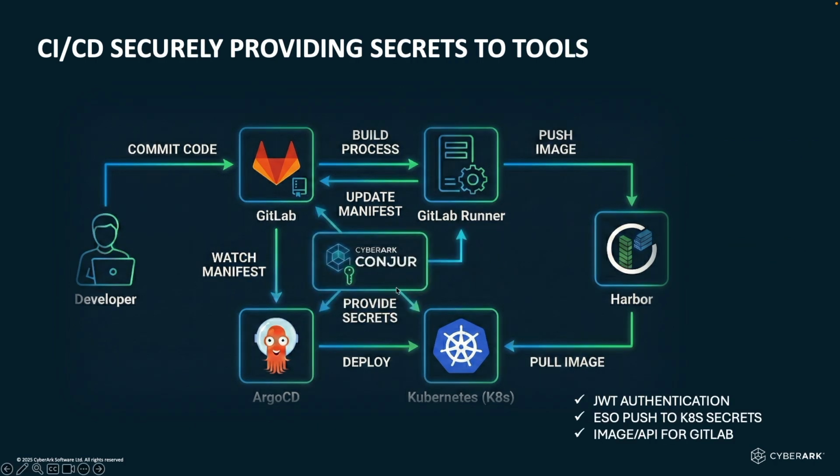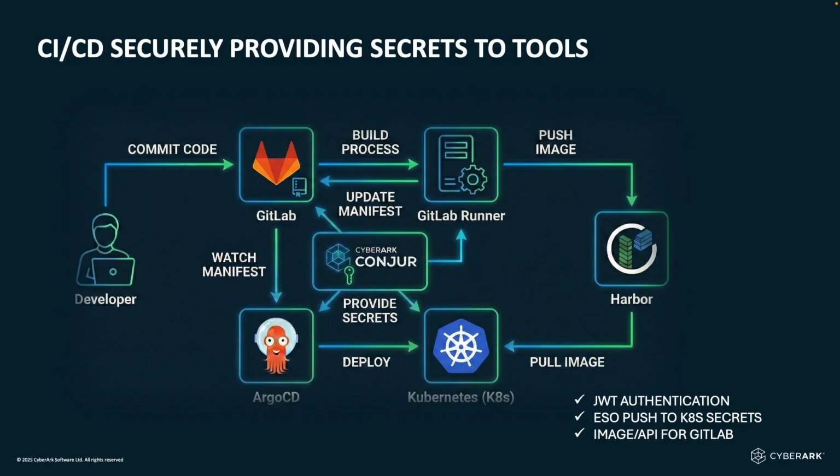With CyberArk Conjur, we will help you keep the secrets centrally. And Conjur will provide a mechanism for the GitLab runner, ArgoCD, or Kubernetes environment whenever they need the right secret from the remote system.